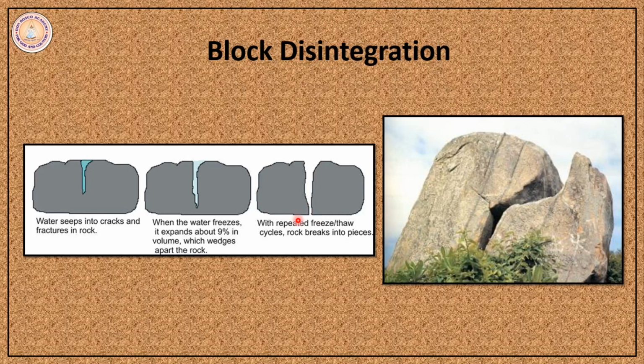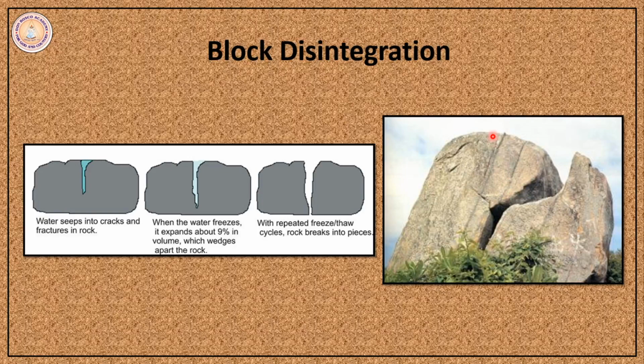So this repeated freezing and thawing, that is melting of the water, the cycle of freezing and thawing continues, and the rock ultimately breaks into blocks. So this is the real picture of a huge rock which has actually started to disintegrate into a block.